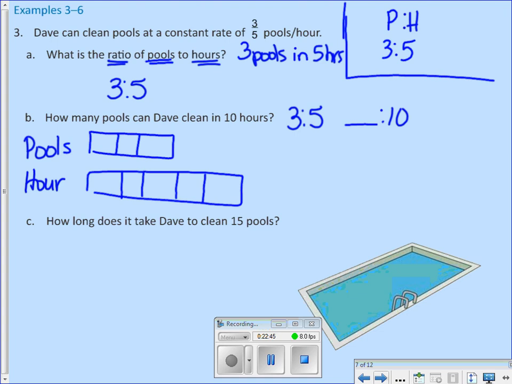So we take our original ratio, and that's what we use to set up our tape diagram, gentlemen. Now, I'm given a 10. What do I do with my given of 10 hours? Does my 10 equal the first row in my tape diagram? No. Does my 10 equal the more?